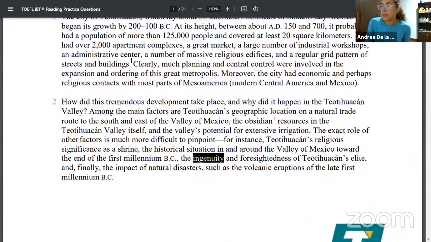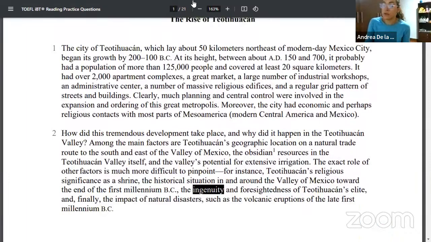Most of the time, if you have ideas in the options that correspond to the introduction and conclusion, or to the first and last paragraphs, those are more probable to be the answers.